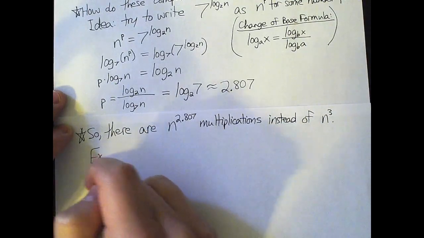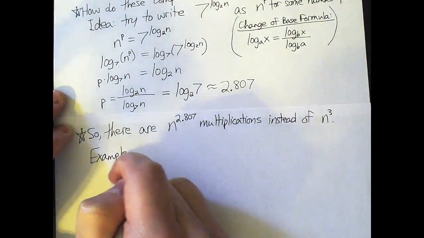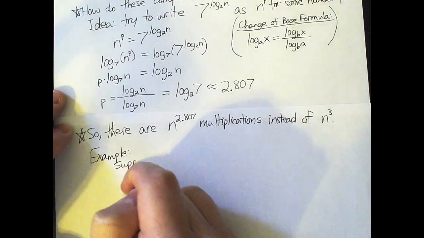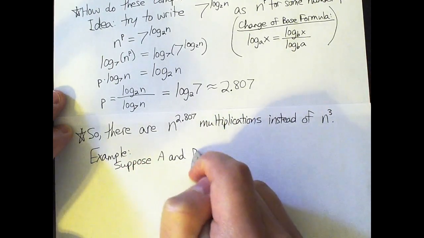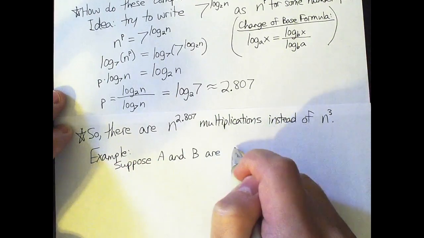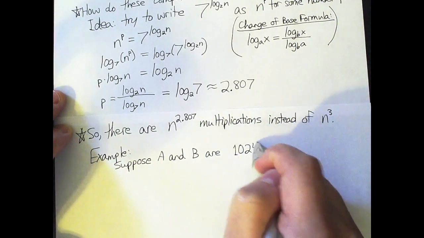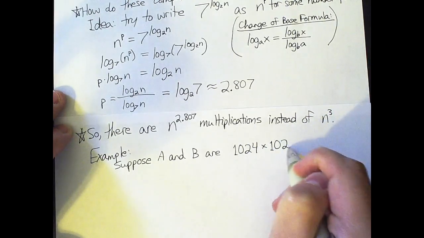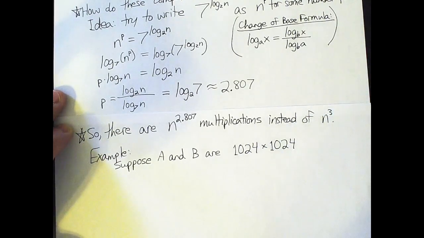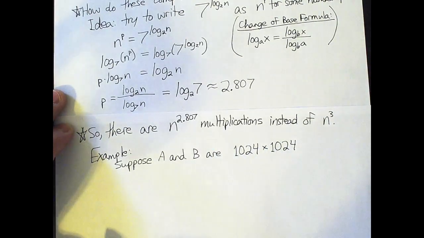Well, let me show you an example. I said that we want to use this on large problems. So suppose A and B, I'm going to go with a power of 2 just for convenience, but suppose that the problem is this size. You're trying to multiply matrices that are this big, 1024 by 1024.